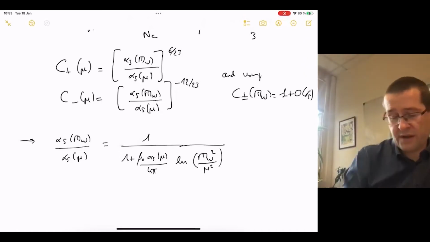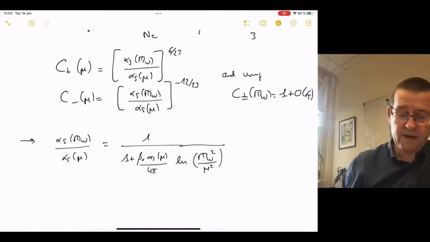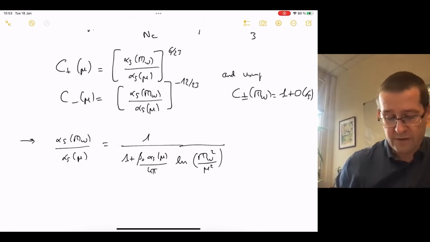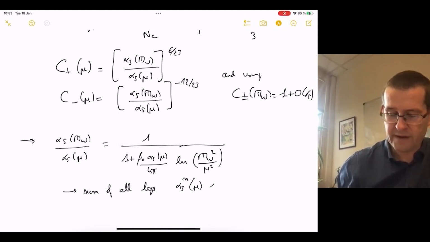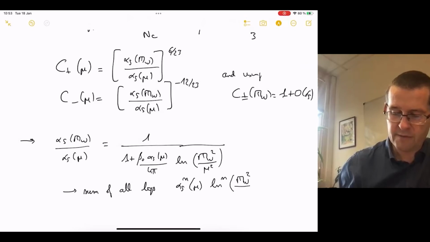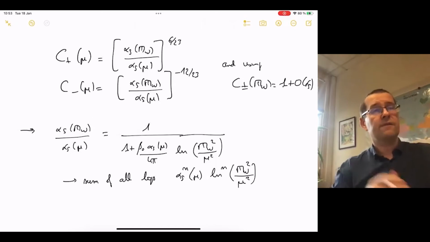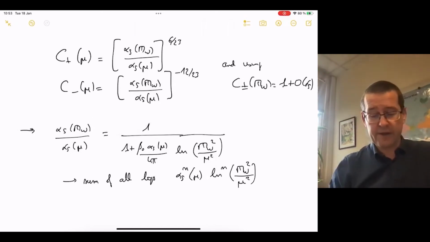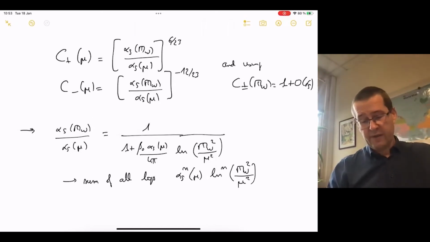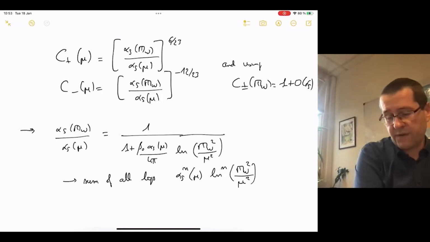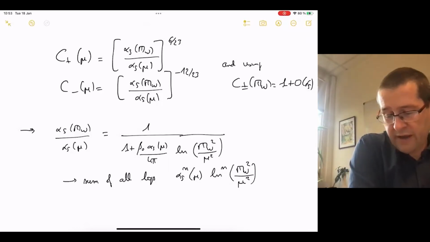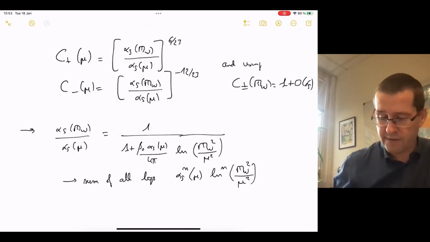And so you see that this alpha S MW over alpha S mu is just a sum of all logs of the form alpha S to the n log to the n of MW over mu squared. So by considering the RGE and solving it, we've been able to sum along the way all the contributions that correspond to leading logarithms.